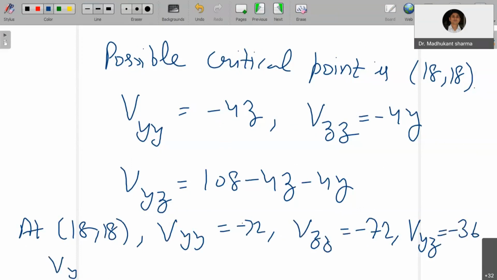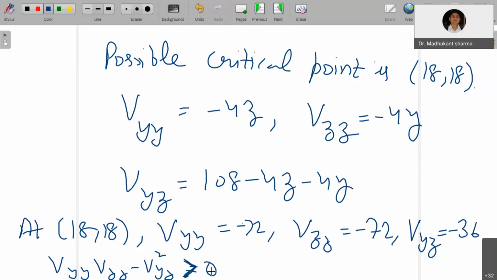Now vyy times vzz minus vyz squared is going to be 72 times 72 minus 36 squared. So this is 72 squared minus 36 squared, which is certainly positive, greater than 0.